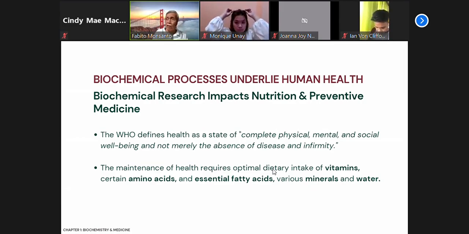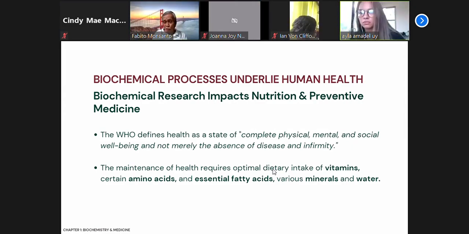Minerals, now especially during this time in pandemic, most important mineral would be zinc. Why zinc? Because zinc boosts your immune system. And that's what we are having right now.